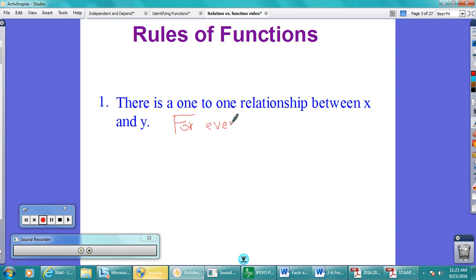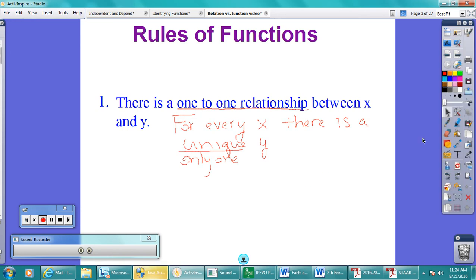For every x, there is a unique y. There's only one y. Okay? So that is what it means when we say one-to-one relationship. Okay? It's a one-to-one relationship between x and y.